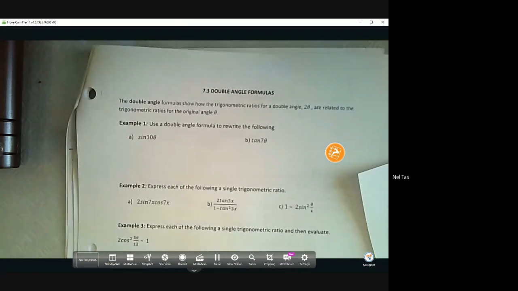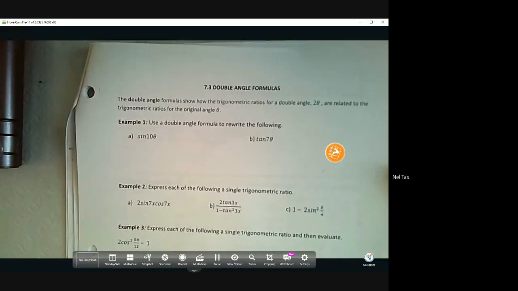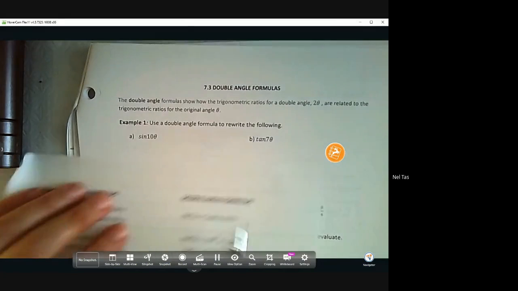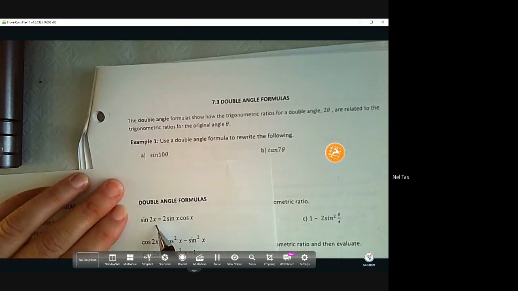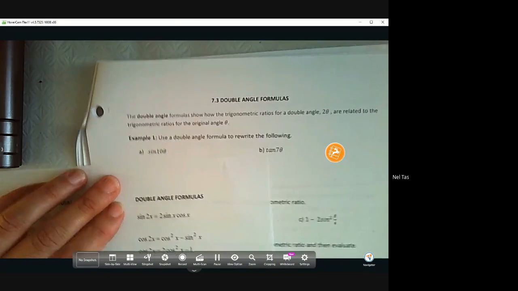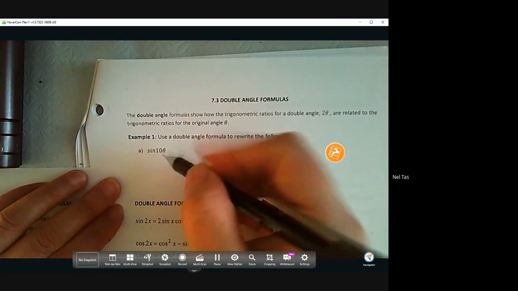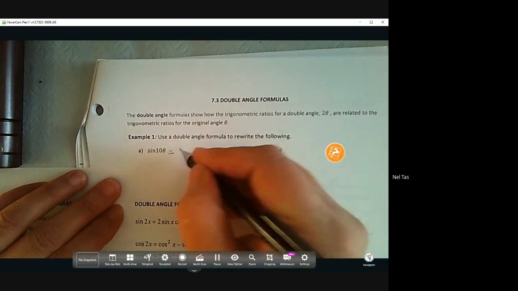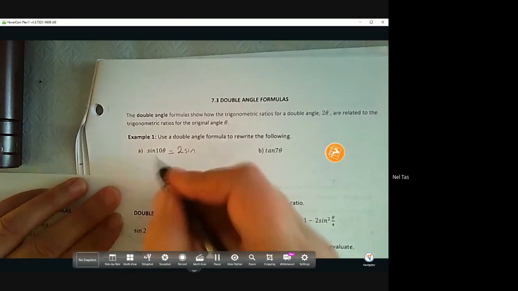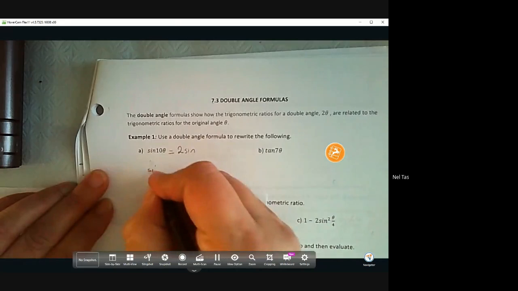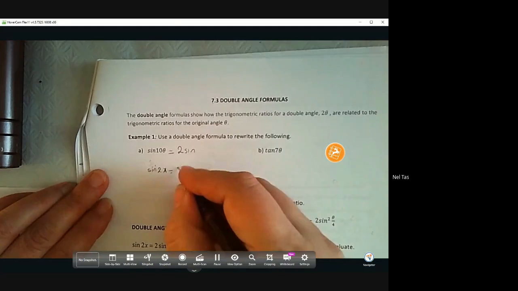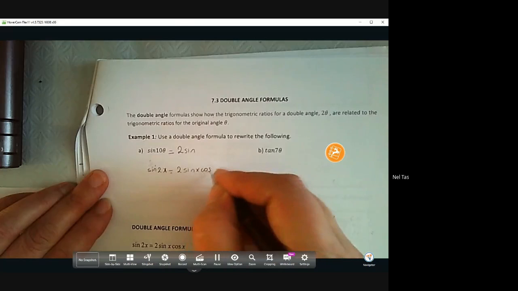Use a double angle formula to rewrite the following. We have sine 10 theta. We are using double angle formulas. If this was sine 2x, then the right side of the formula would be 2 sine x cos x.